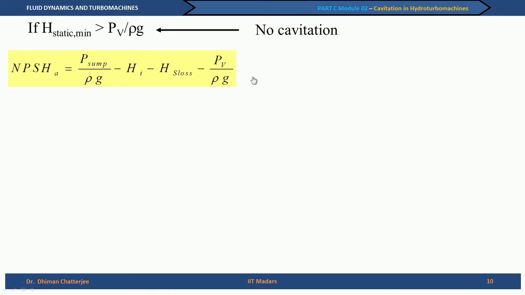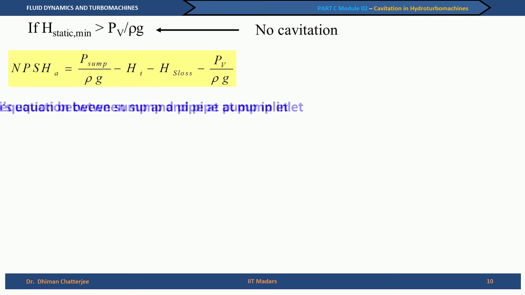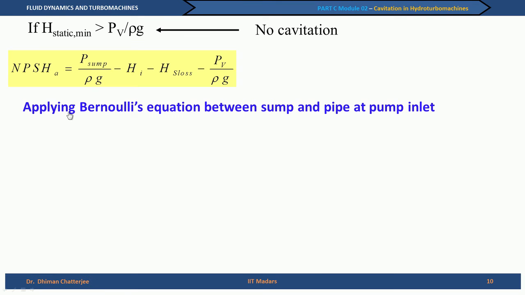To appreciate this NPSH available better, we can say that we apply Bernoulli's equation between the sump and the pipe at the pump inlet. Please remember, we are not entering the pump as a user, we are talking up to the suction flange, the vertical line that I have drawn in the previous slide.